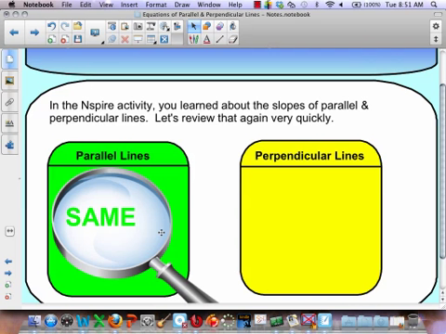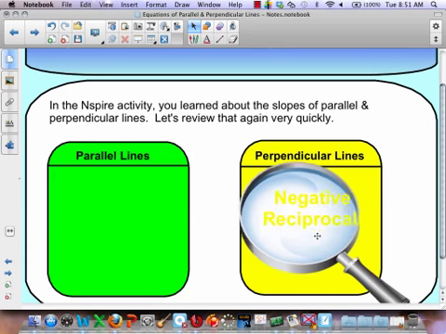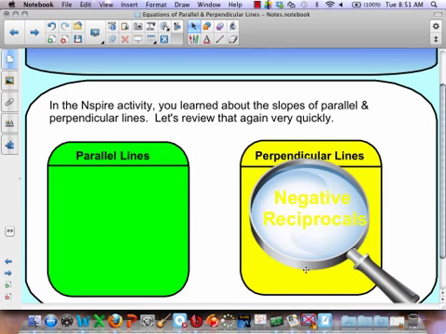However, for perpendicular lines, they're not the same, and they have a very unique relationship. That relationship is that they are negative reciprocals.